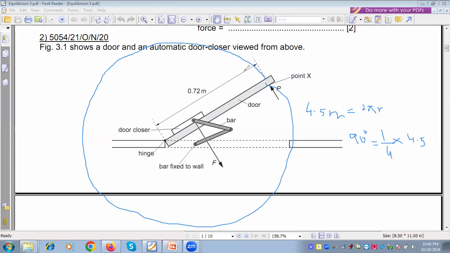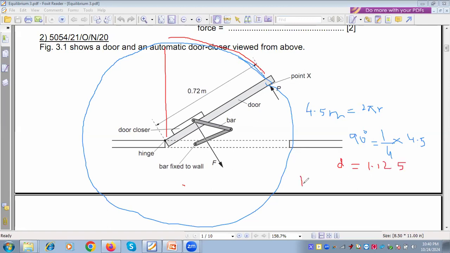In that direction when this rotates, what will be this distance? Means when this rotates up to 90 degree, this distance is 4.5 divided by 4, and this will be 1.125. So D is 1.125.